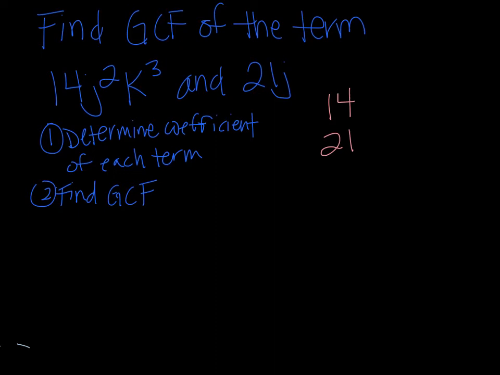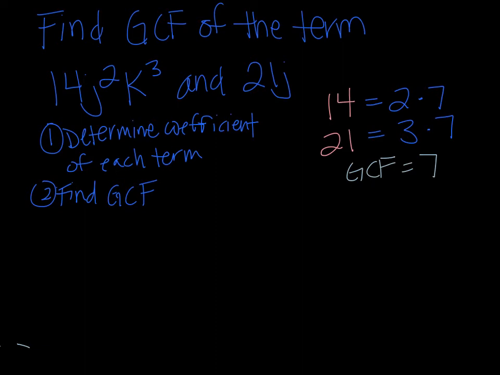If you remember GCF, prime factorization, this is 2 times 7. This is 3 times 7. So our GCF would then be equal to 7, because that's the only factor that they both have in common.